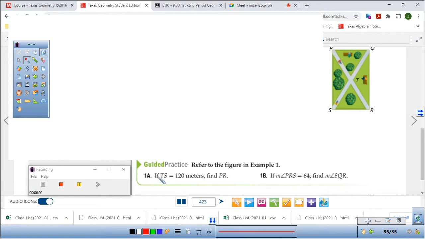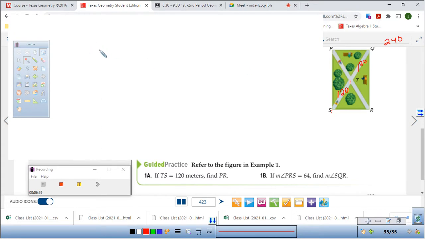So question 1A. If TS is 120, from here to here is 120. Make sure you know all of this is also 120, right? They bisect each other. This diagonal is 240, from here to here is 240.